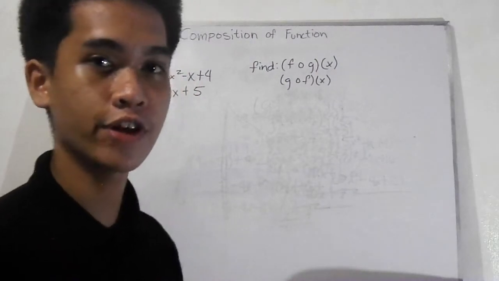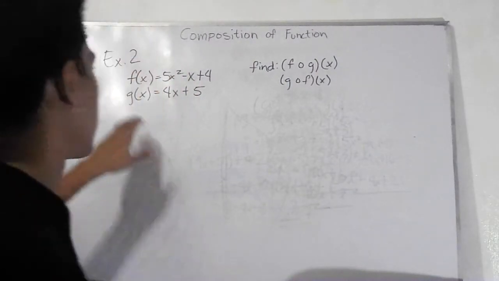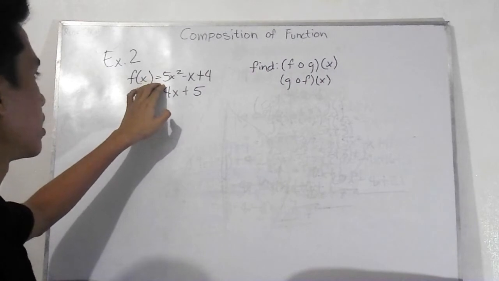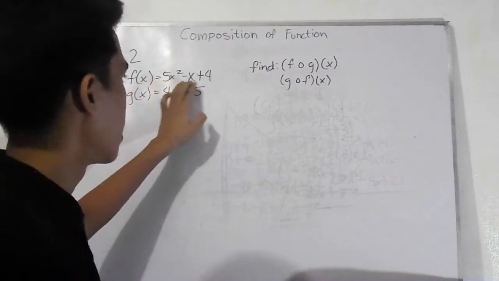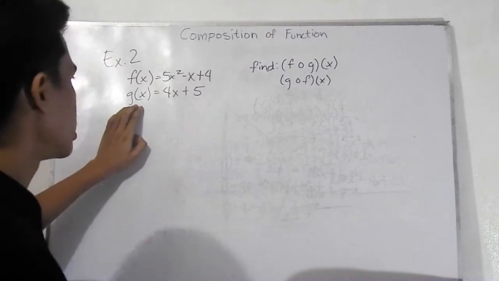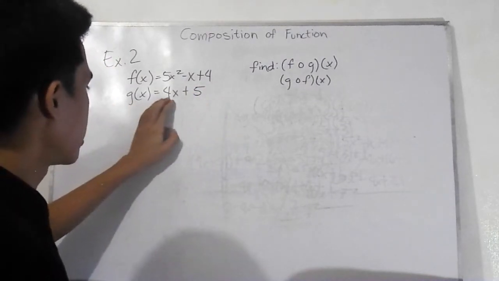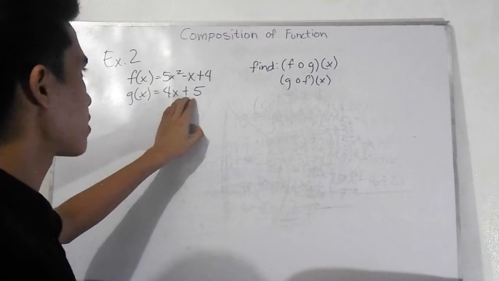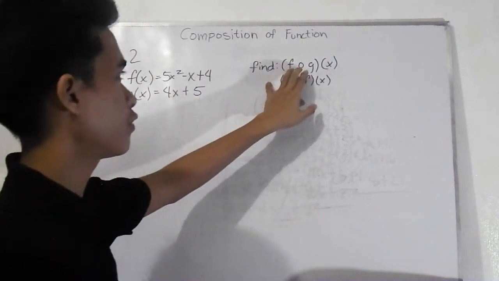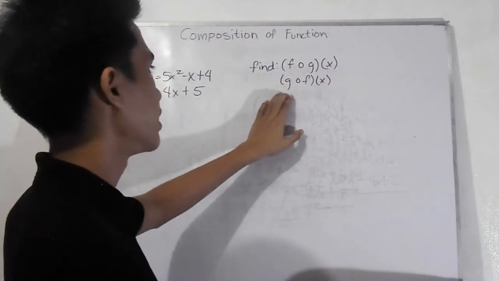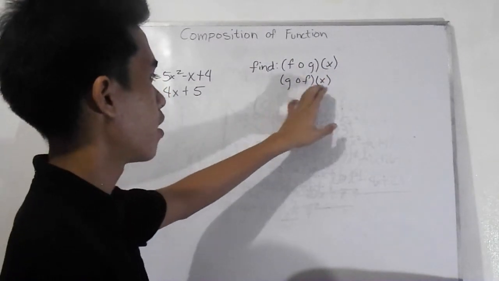Let's have another example. So f of x is equal to 5x squared minus x plus 4, and g of x is equal to 4x plus 5. So we need to find f composition of g of x and g composition of f of x.